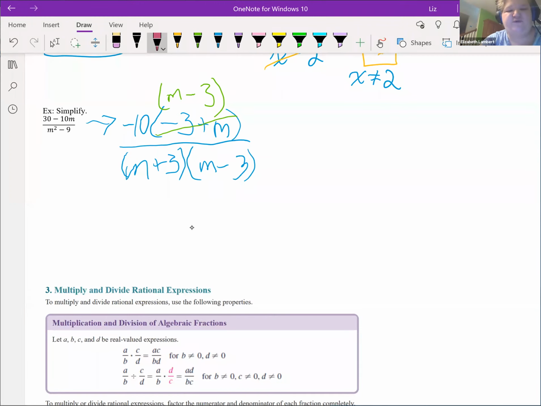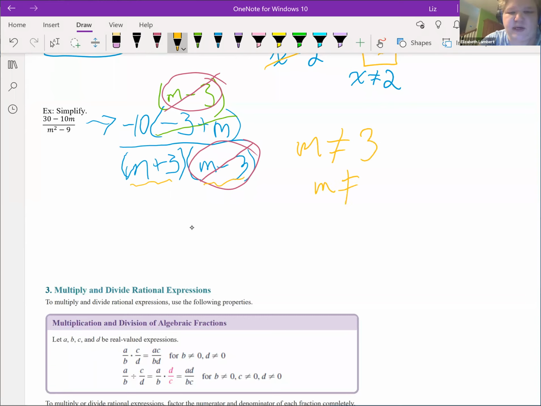So now that I've fixed the way it looks, I can clearly see m minus 3 and m minus 3 on the top and the bottom. So those are going to get canceled out. We do still have restricted values. So m cannot be 3, m cannot be negative 3.